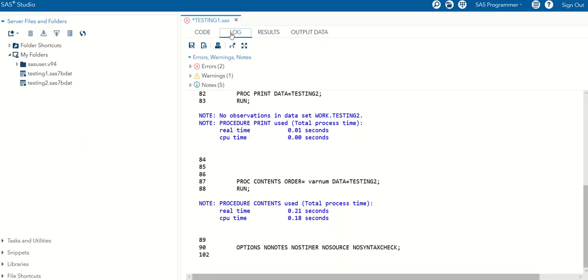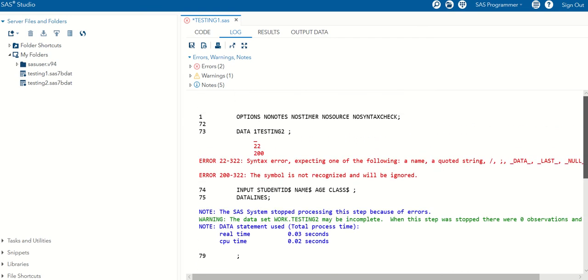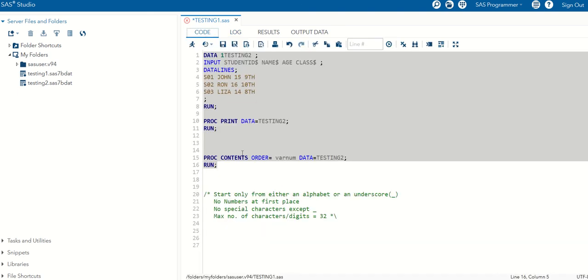If I go to the log, yeah, it gave an error. Because it doesn't recognize this name, it doesn't understand this name. So that's the first rule.